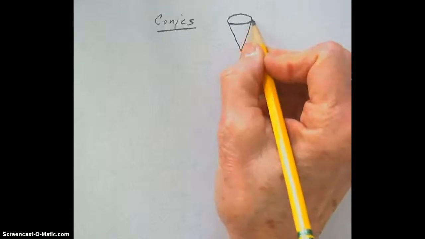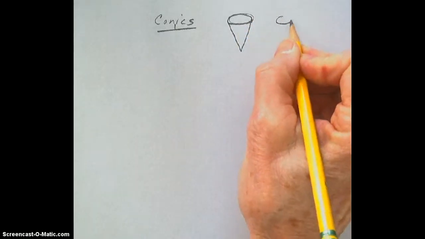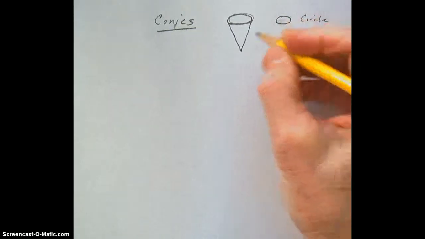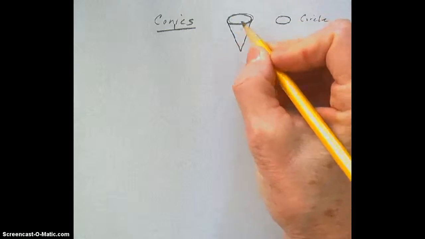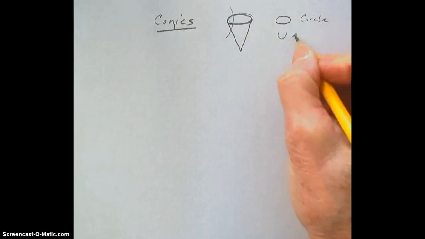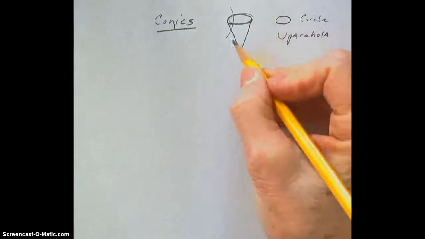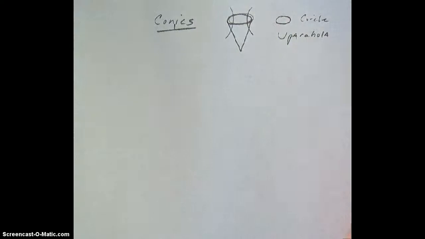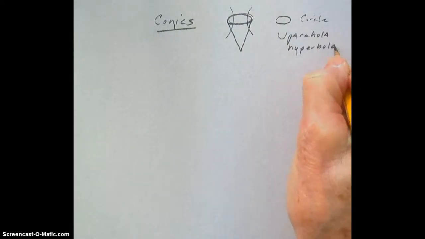If we look at the top of a cone, if it's a perfect circle, we'll have what's called a circle. If I take a piece of the cone and make a slice on the cone, I might have a parabola. If I take a slice and have two pieces of a parabola, that's called a hyperbola.